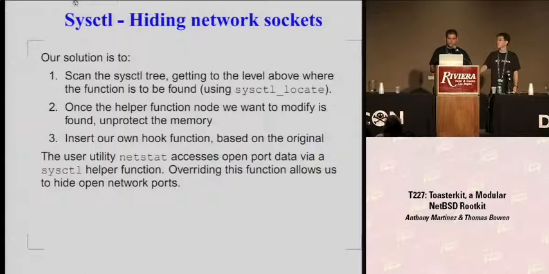Our hook function will call the original helper function and, with the results, modify what that function returns, so that we're hiding certain ports that we don't want displayed to netstat, and then return back to whoever's calling the function. It's basically just hiding from anybody.